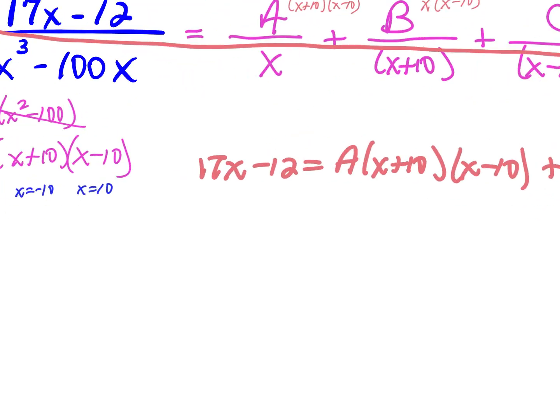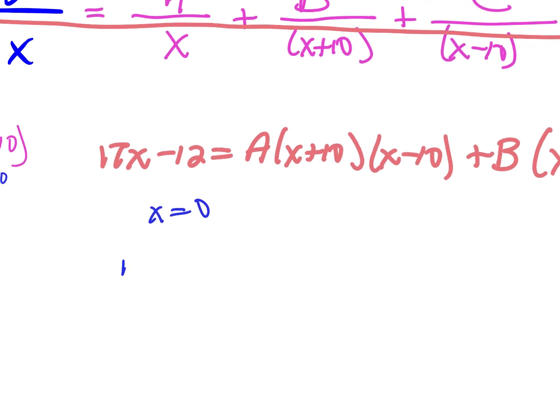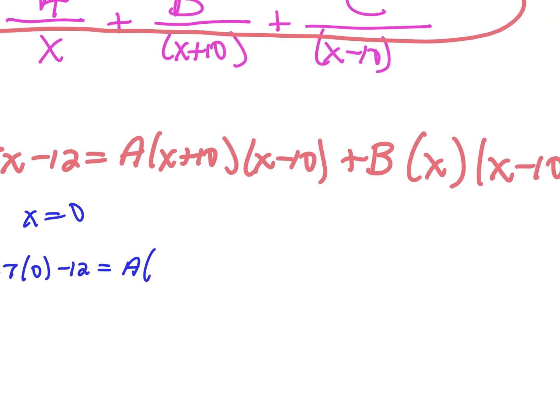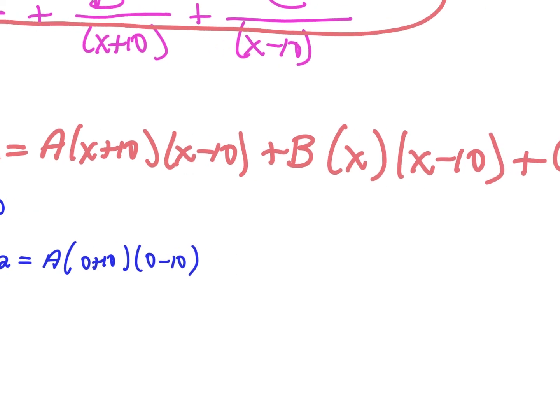So the first thing I'm going to do is evaluate where x equals 0. So I'm going to say 17 times 0 minus 12 equals A times 0 plus 10 times 0 minus 10, right?